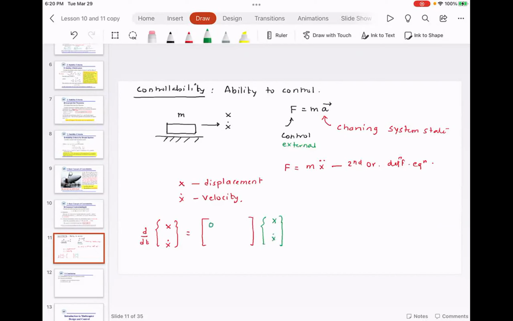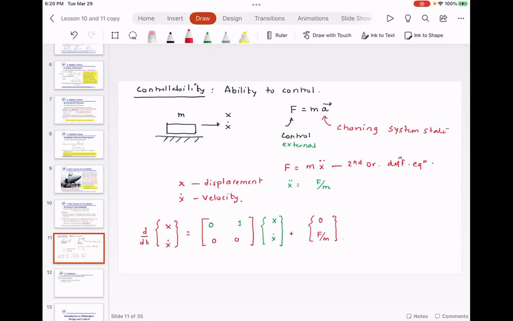So this becomes 0, 1, and x double dot is equal to f divided by m, so the matrix is 0, 0 and the input term is 0, f by m.